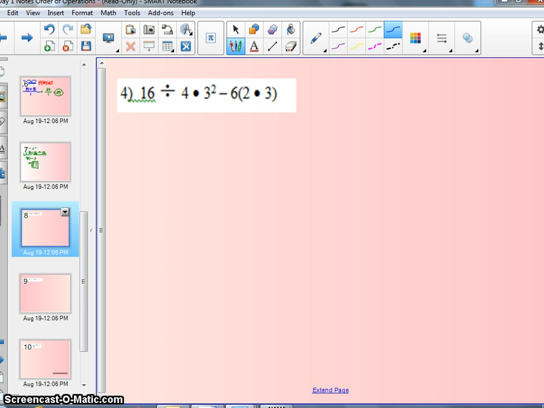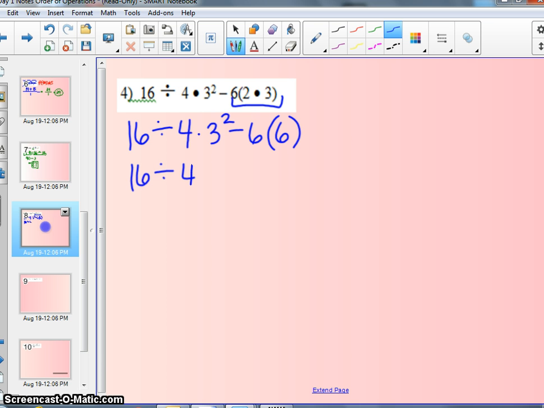Number 4. So finally we have some parentheses here. So let's do that first. So 16 divided by 4 times 3 squared minus 6, and in the parentheses I get 2 times 3 is 6. Then I'll do my exponents. So 16 divided by 4 times 9 minus 6 times 6. Multiplication and division from left to right.